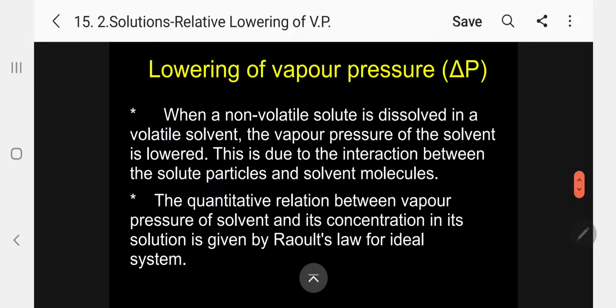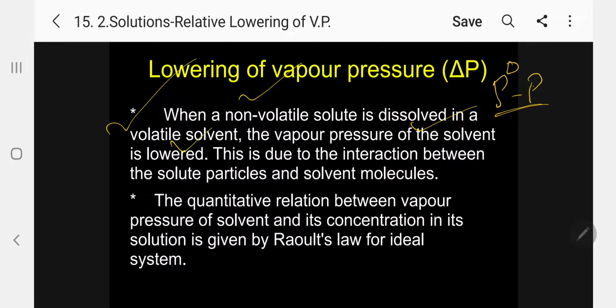So let me come to lowering of vapor pressure, normally indicated by P0 minus P. Kindly follow, because the vapor pressure of the pure solvent is always greater than the vapor pressure of the solution. When a non-volatile solute is dissolved in a volatile solvent, the vapor pressure of the solvent is lowered.